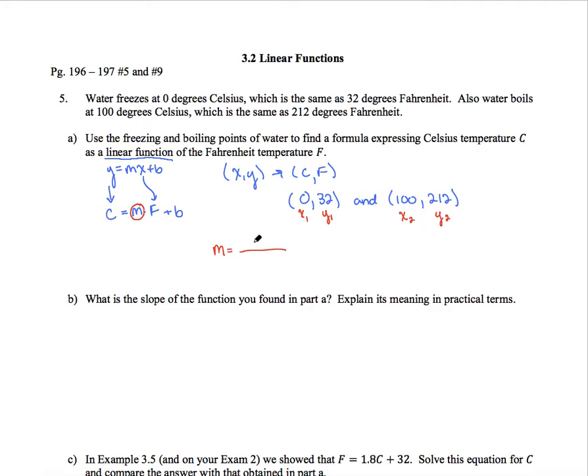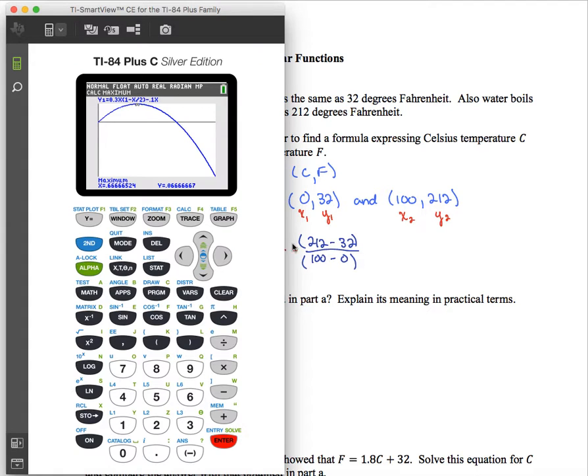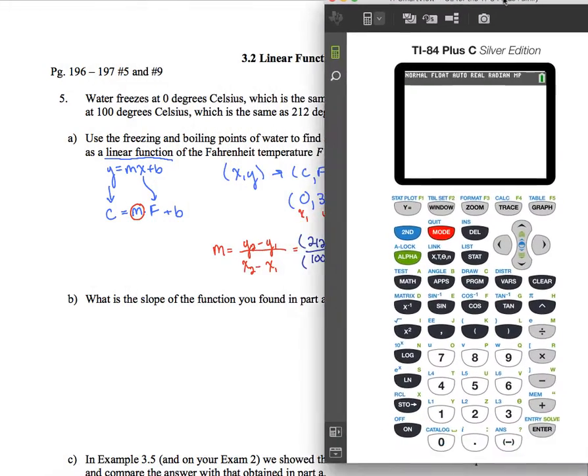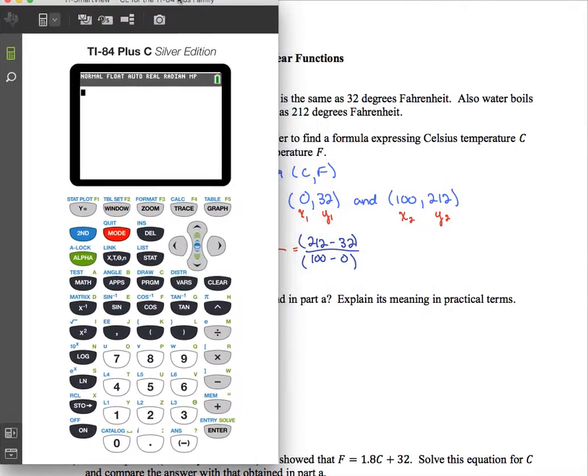Okay, so recall that the formula for slope is always y sub 2 minus y sub 1 divided by x sub 2 minus x sub 1. And now let's do the appropriate substitutions. So I've got 212 minus 32 divided by 100 minus 0. I'm going to put parentheses around my numerator and my denominator and go to my calculator and type this all in as one expression.